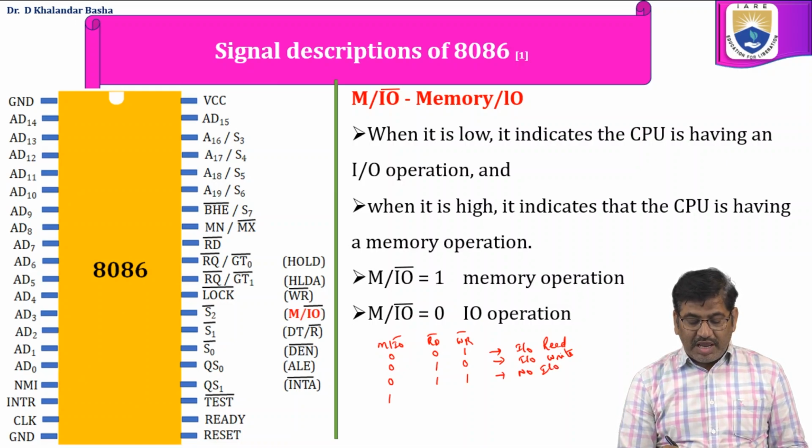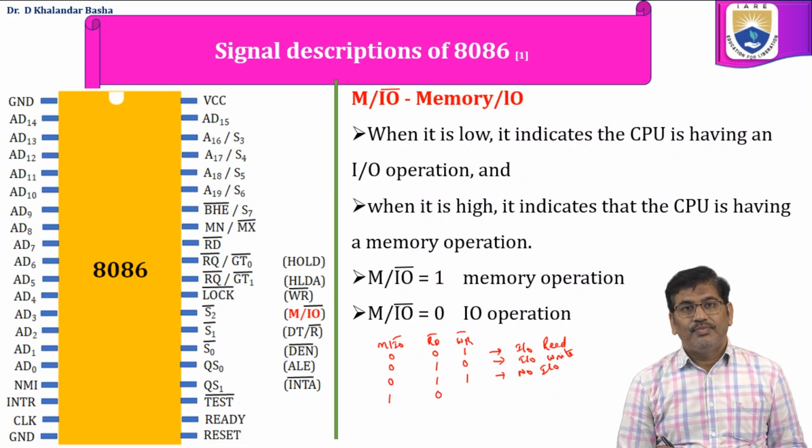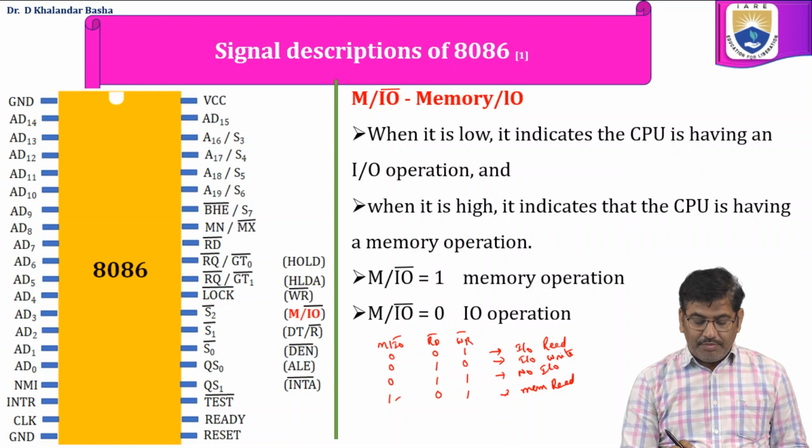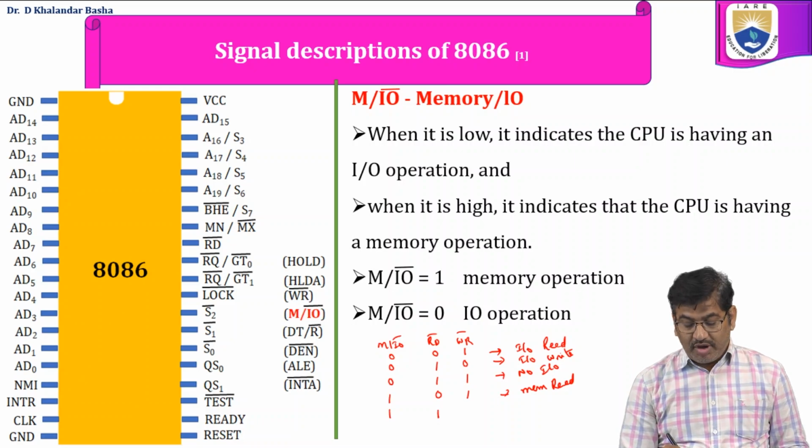Next, when M/IO bar is 1, read bar is 0, write bar is 1, it indicates a memory read operation. If M/IO bar is 1, read bar is 1, write bar is 0, it indicates the operation corresponds to memory and it is a write operation.